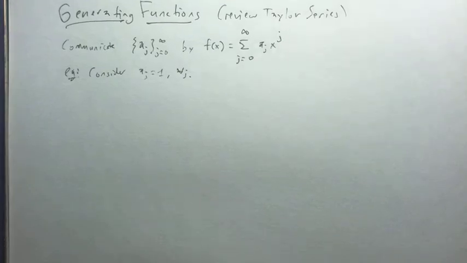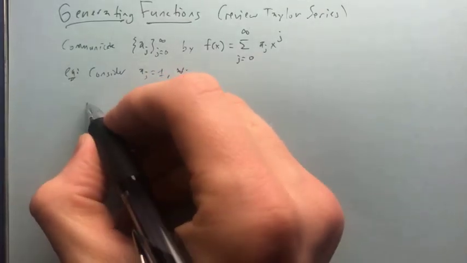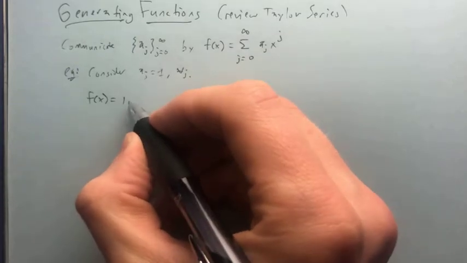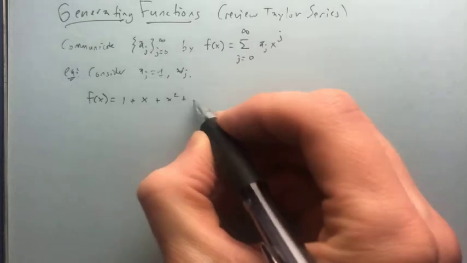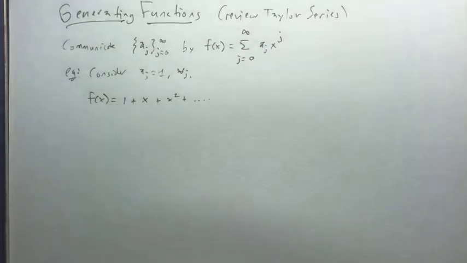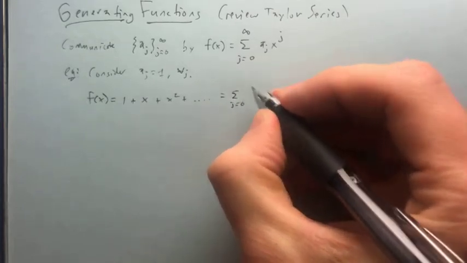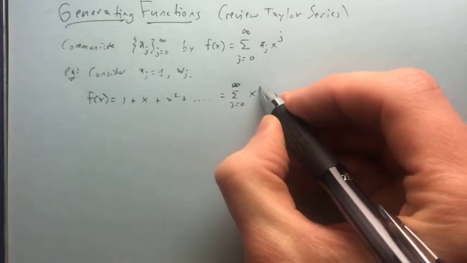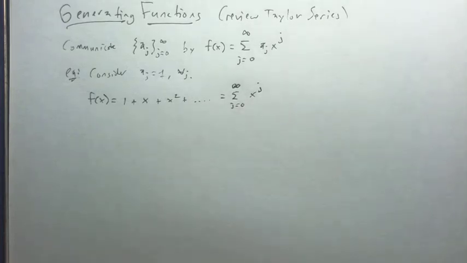As a sum, the corresponding generating function is going to be 1 times x to the 0 plus 1 times x to the first plus 1 times x squared plus etc. And that gives me this infinite series, the sum as j goes from 0 to infinity of x to the j. And so now we might want to say, well, fine, but what's the point?